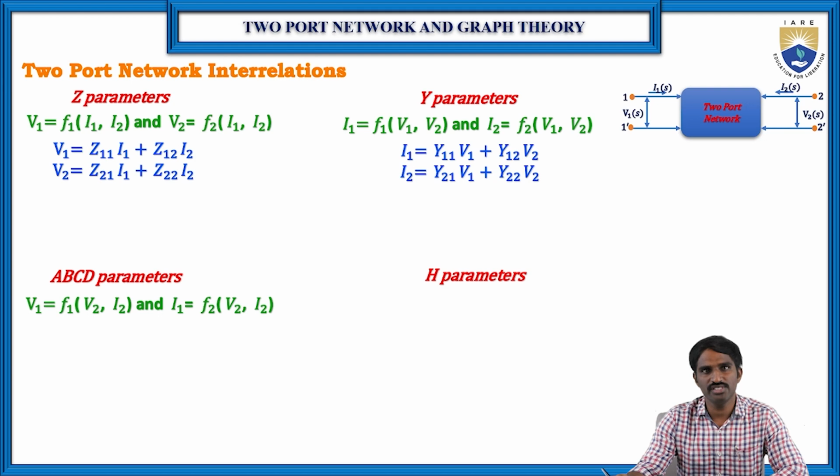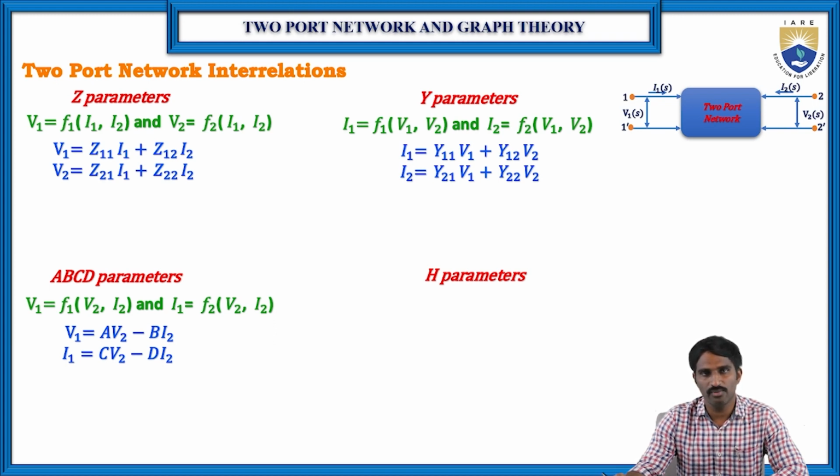Similarly, the ABCD parameters refer to the input side, which means the input voltage and input current are functions of the output voltage and output current. If you write the equations, the input voltage V1 is equal to A V2 minus B I2, and the input current I1 is equal to C V2 minus D I2.